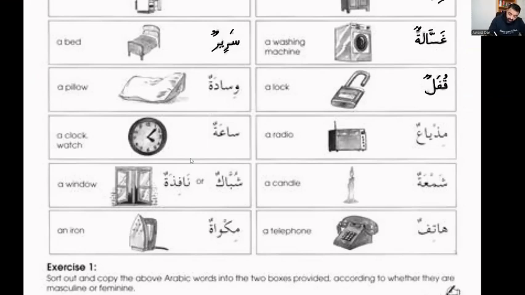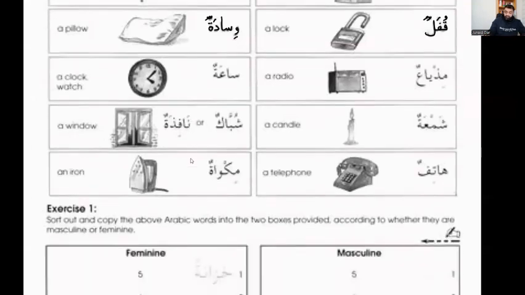And then the next one. Wisadatun. Good. Well done. Which is feminine, and it means a pillow. Okay, so it's bad printing. Midya'un is masculine.